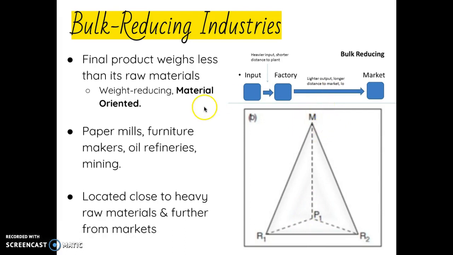So an example of that would be a paper mill, right? The raw materials are forests. So huge pieces of timber, gigantic logs are traveling short distances to a production facility. They are then refined and made into paper, which is much lighter, right? It is weight reducing. So transportation costs are less to then travel that paper to the market.